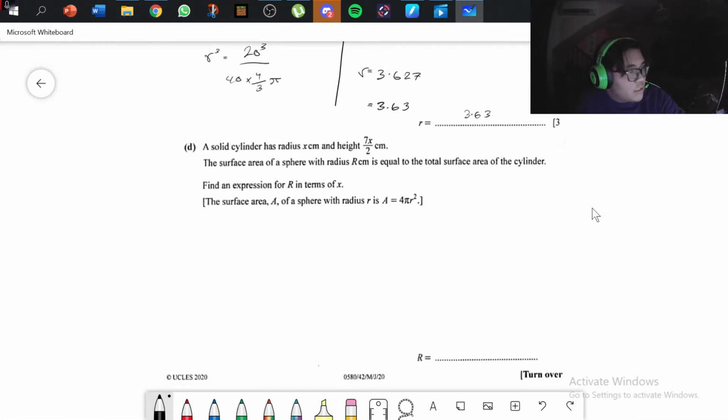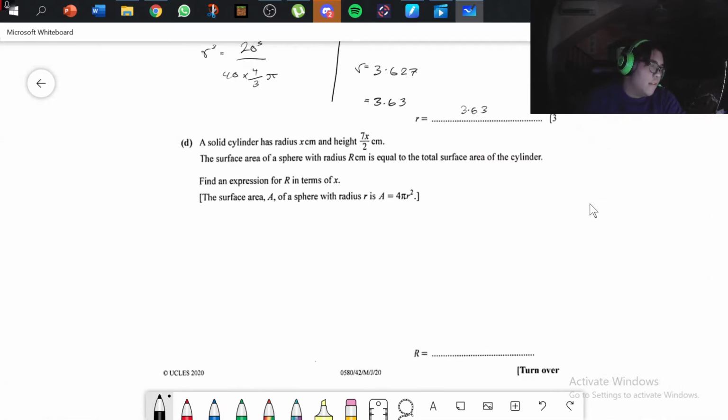Then a solid cylinder has a radius of x cm and a height of 7x over 2 cm. The surface area of the sphere with radius r is equal to the total surface area of the cylinder. Find an expression for r in terms of x. First we do a little illustration.